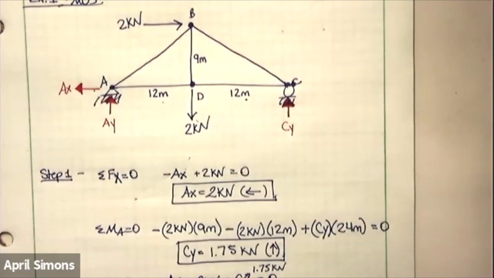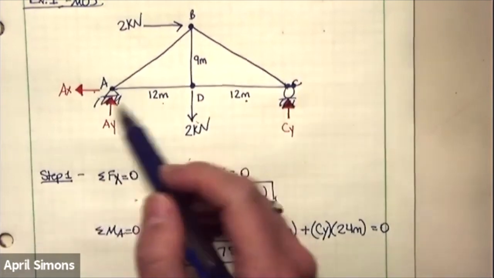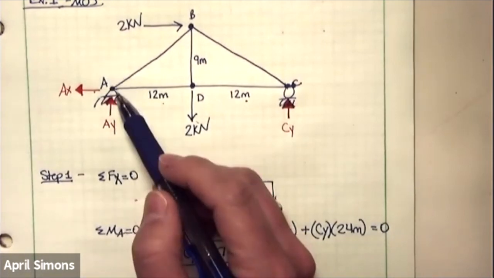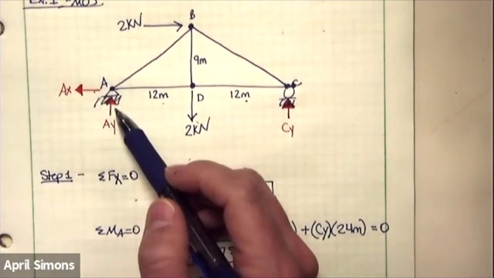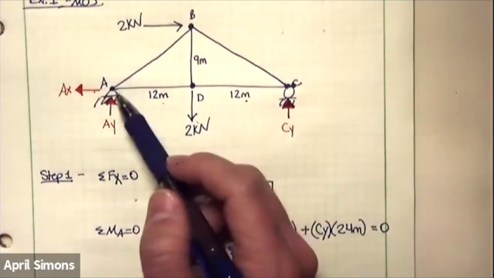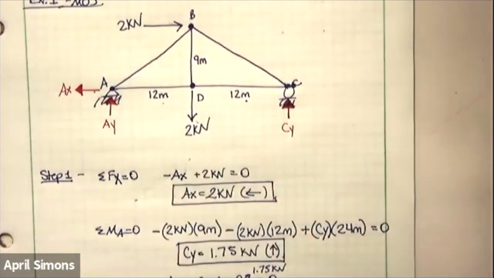So the answer is really that you can start anywhere that fits that criteria, but I typically will just try to start at the left if I can. So we can usually start at the left end of the truss as long as there are no applied forces at that joint, right? Because the way that most trusses are laid out, usually there's only 2 members that connect at that left-hand joint. That's not always the case, but that is the case here.